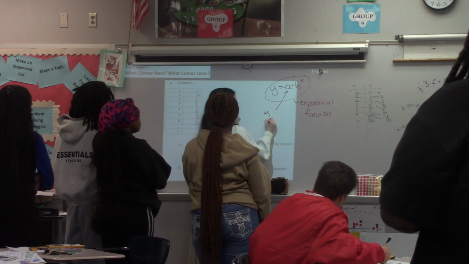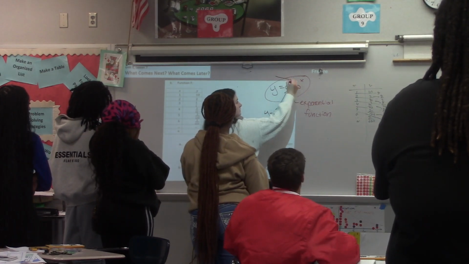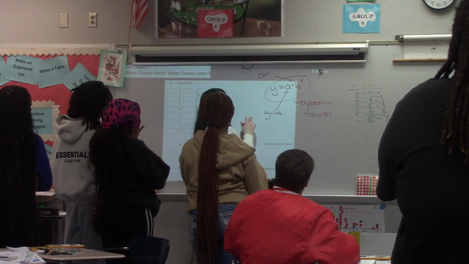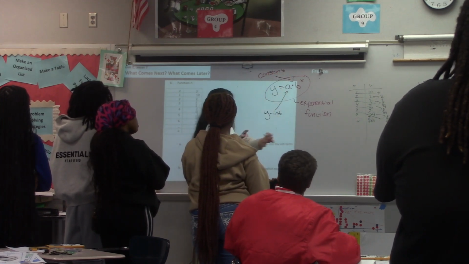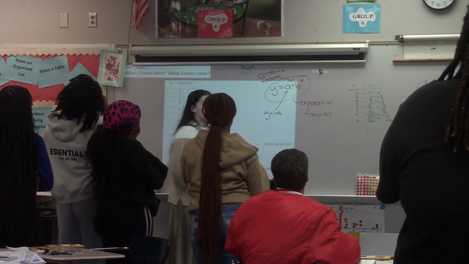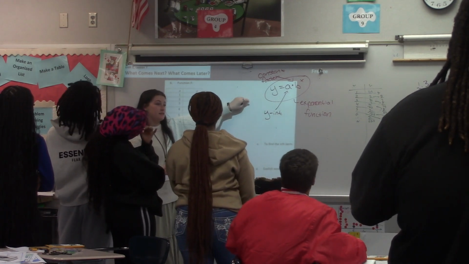Y-intercept. Your y-intercept. What does this b represent? Constant multiplicative or constant factor. Okay? We need to have that in our brains, we need that written down.